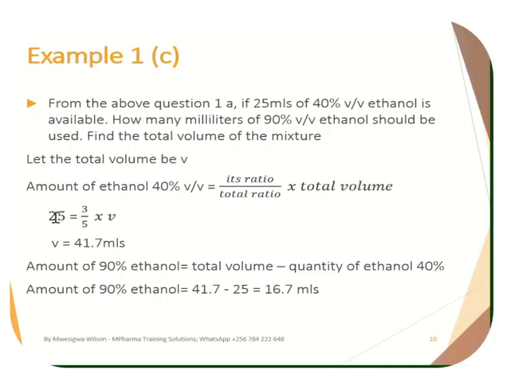So 25, 3 out of 5 times V. Total volume will be 41.7 if you put this one in the calculator. So now the amount of ethanol 90% volume per volume will be total volume minus quantity of ethanol 40% volume per volume. Then you get your 16.7, as you can see here.